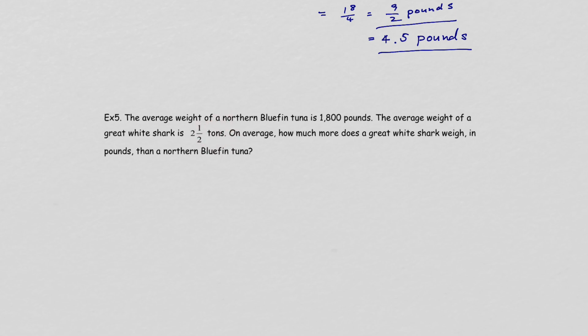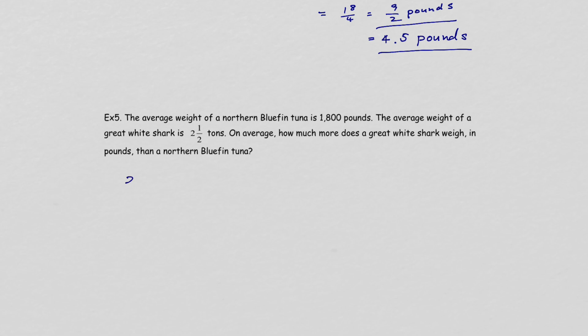They wanted to compare these two and see how much more weight the shark will have within the pounds unit, right? So what I need to do is first change these tons to pounds and compare it with the pounds weight of the tuna. So let's do that.